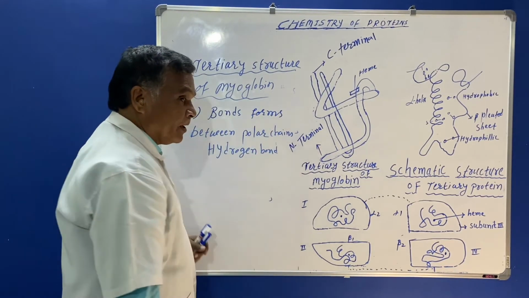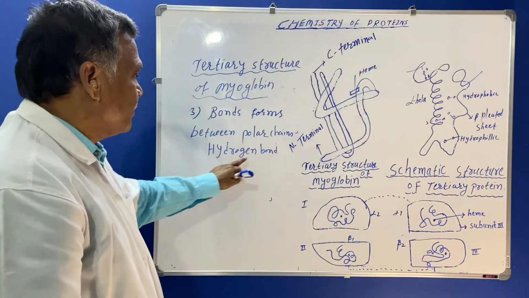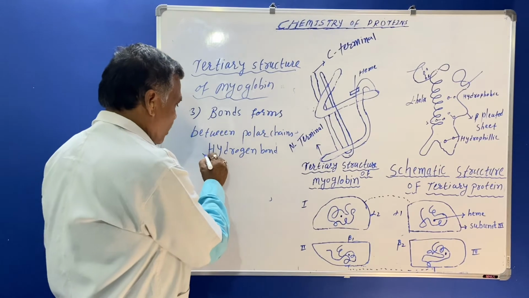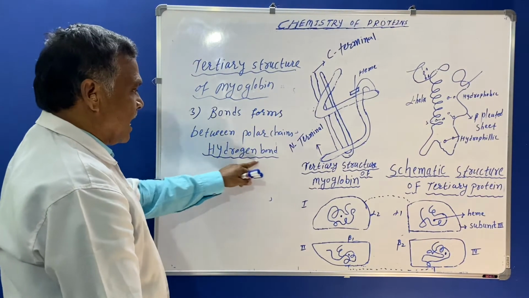So here the interaction between the polar chains will be hydrogen bond, or the bonds that form between the polar chains, that is called hydrogen bond.